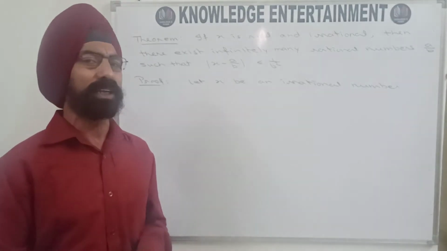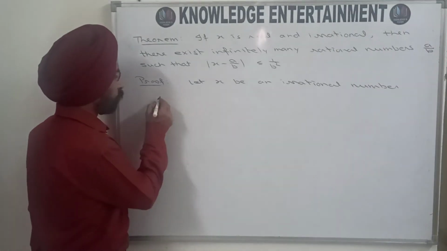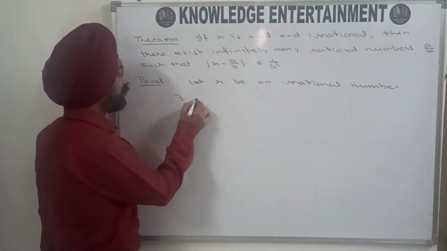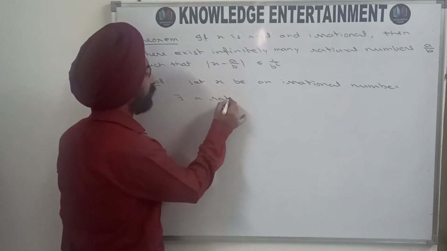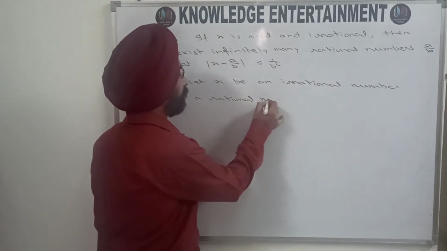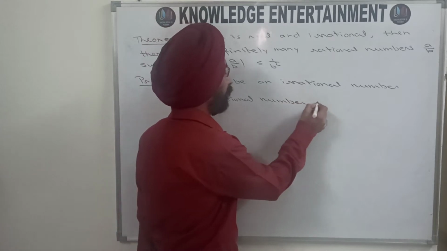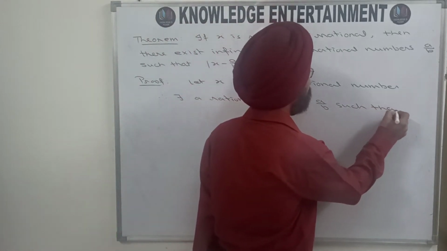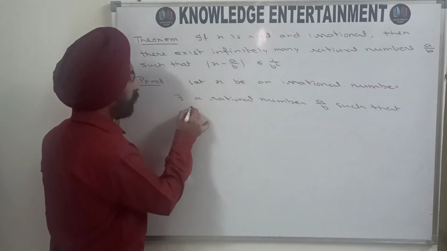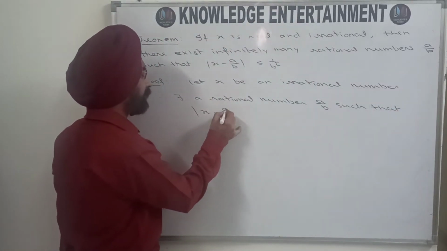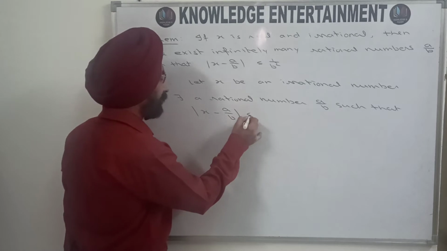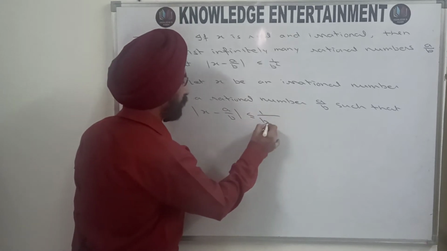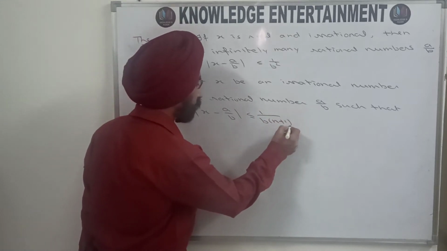So that result we are going to use here. Therefore, there exists a rational number a upon b such that mod of x minus a upon b is less than or equal to 1 upon b into n plus 1.